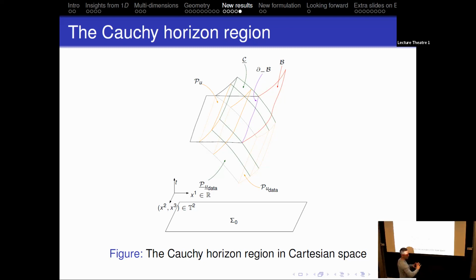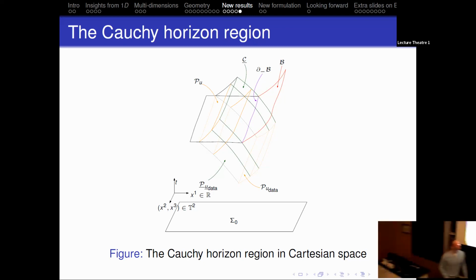Basically we redo the shock formation problem in the context of characteristic initial value problems for fluid flow to understand the solution in these characteristic diamonds. The whole setup has been such that U bar equals 0 is exactly the Cauchy horizon. So that's a very brief feel for the kinds of analysis we do.